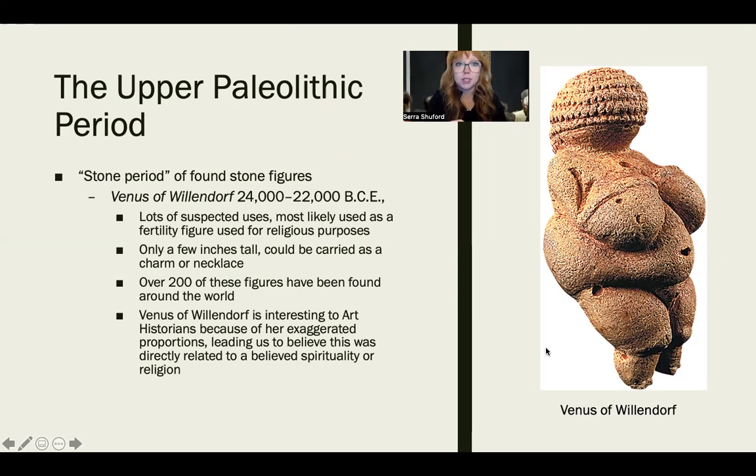There's a lot of suspected uses for this specific figurine. Most likely, she was used as a symbol, as a fertility figurine, for religious purposes. These little figures are only a few inches tall, literally this big is about how big she is. They are that small because they were typically used as charms or necklaces, something that could be carried around easily.